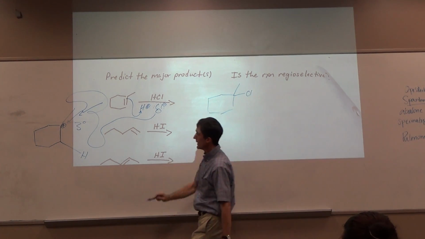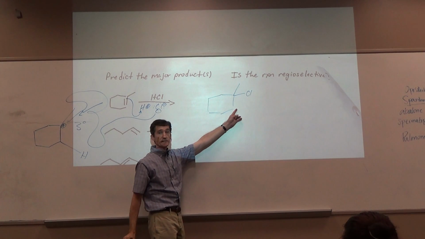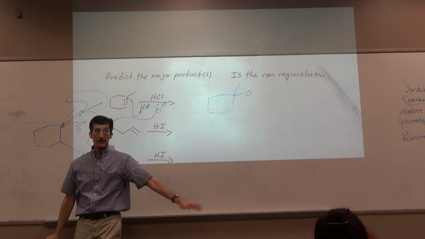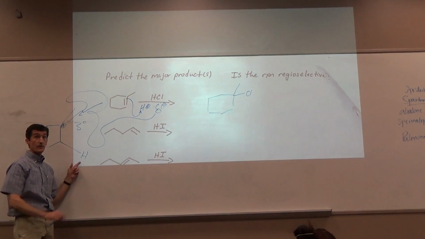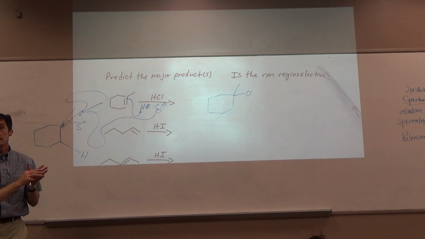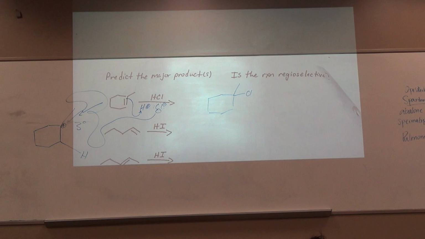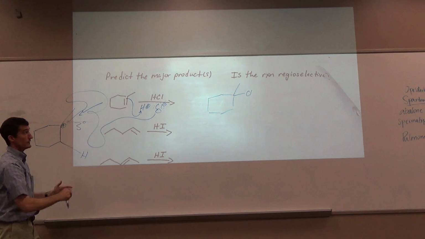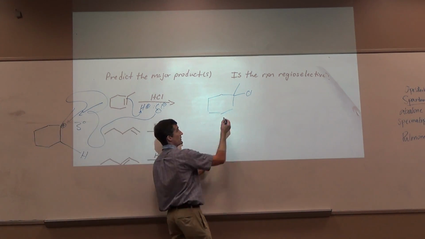Yeah, there's a new H here. I just didn't draw it in at the end. I did it here just to say, hey, we added a new H, but I don't have to draw it in at the end, do I? No. I got you. If you want to draw in the new H, it's there.